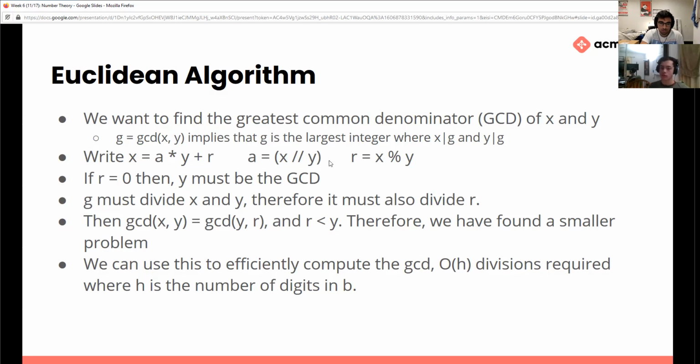And so we can use this to efficiently compute the GCD, and the runtime is basically the number of digits in B, which is log B. And we can prove this. The proof of this is actually pretty interesting. What you do is you ask, what are the two smallest numbers for X and Y that require n steps?